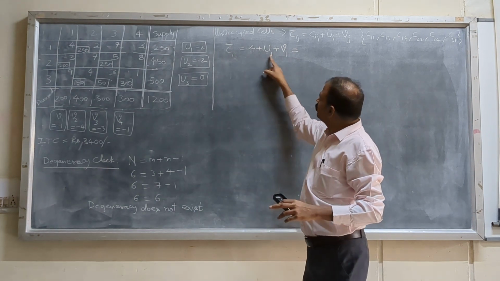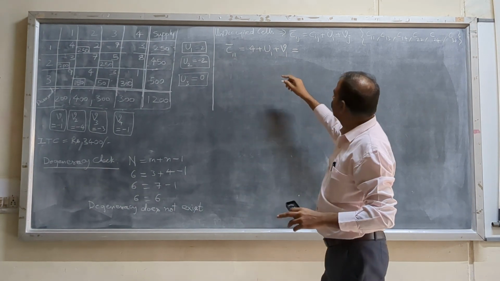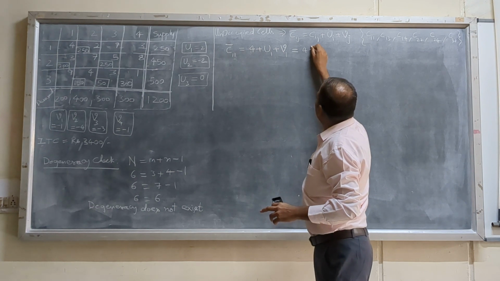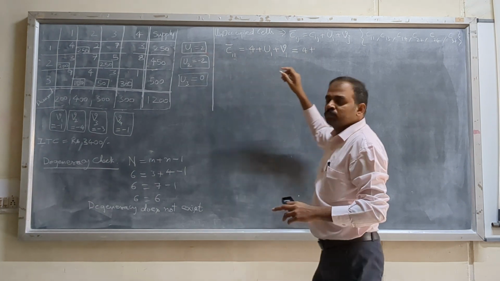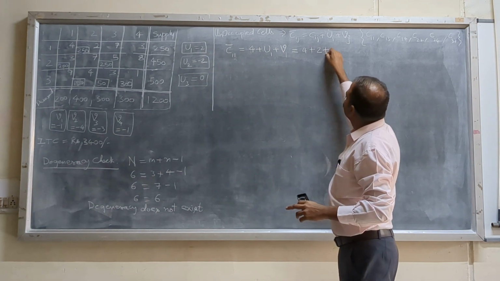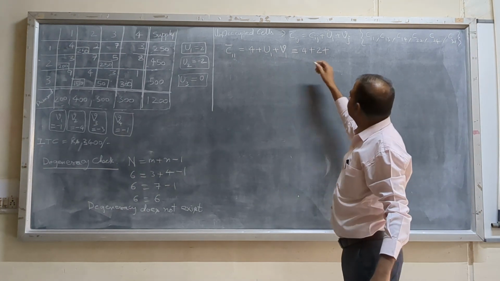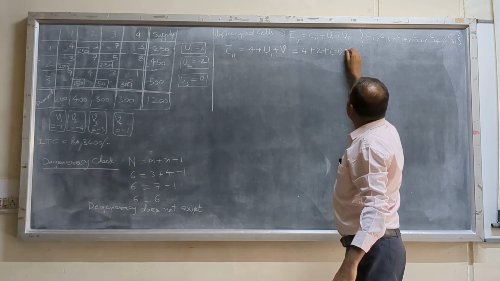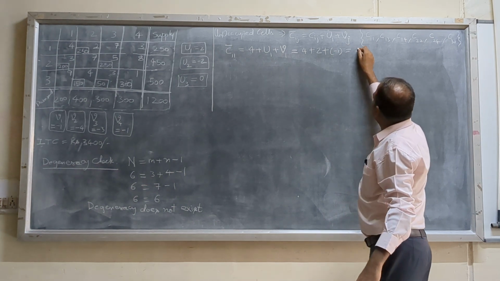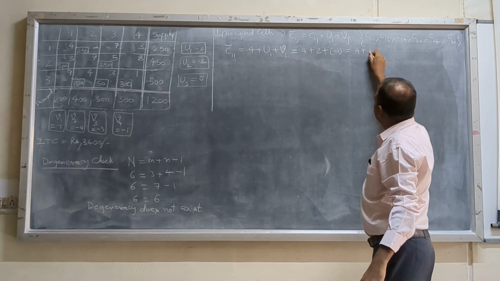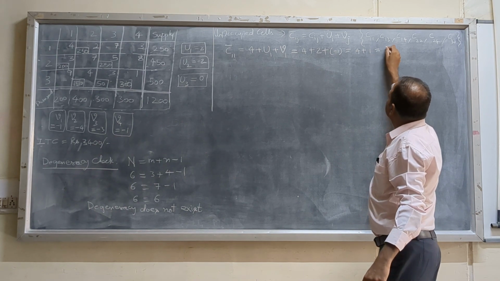Because it is C11, so it is U1 and V1. It is 4 plus the value of U1, which is 2, and the value of V1 is minus 1. So it is 4 plus 1, which is 5.